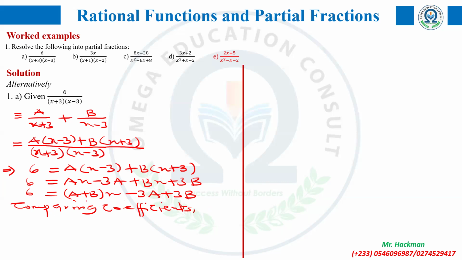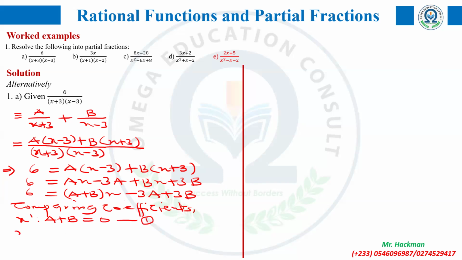Now that our polynomial identity is strong, comparing coefficients, the highest power will be x to the power 1, which is the x. You have a plus b here, which should be equal to, do you have any x term here? No. So its coefficient is 0. You call this equation 1.